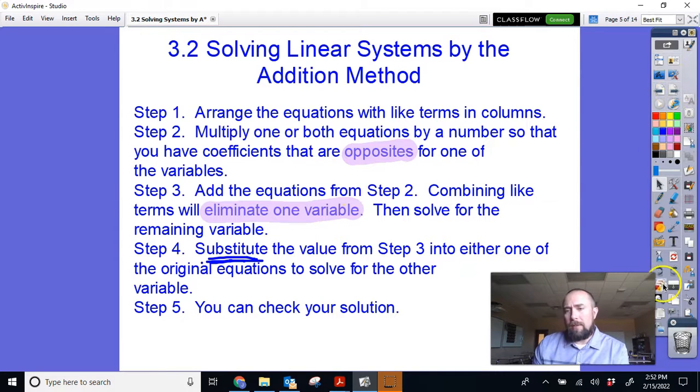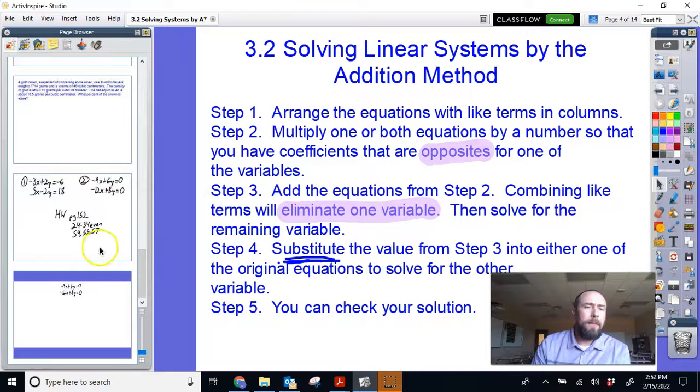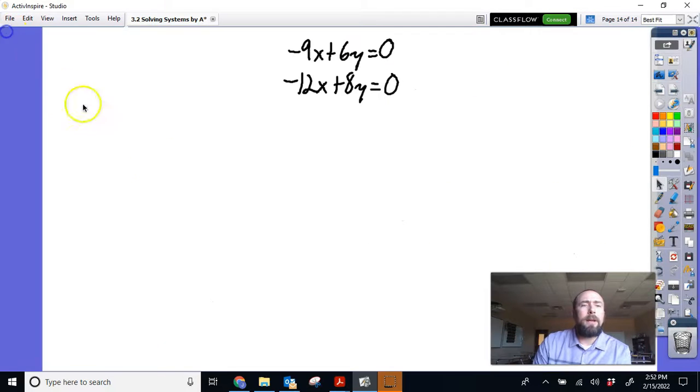So in other words, if I go back to that sheet over here and I look at this little guy here, I could multiply 4 times the top one.